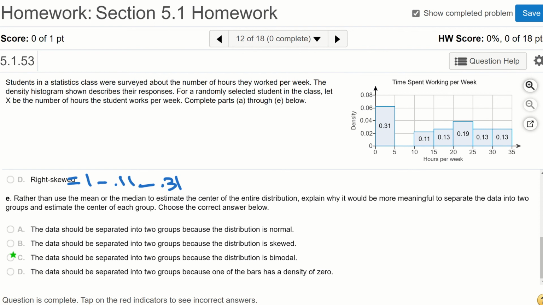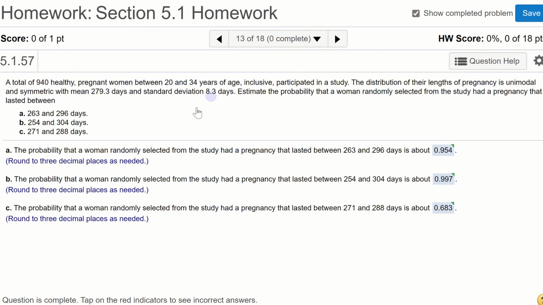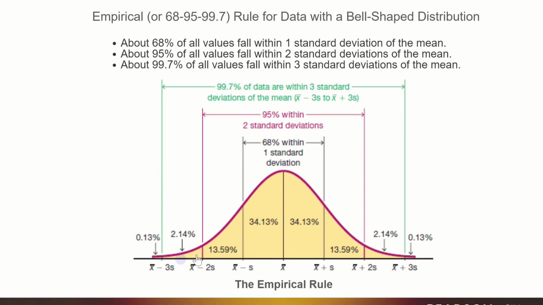Okay, so that's that. All right, so here's one of those where you need to recall the empirical rule which we discussed in chapter 4. Let me remind you of that rule. Remember that if you have a unimodal distribution that's also symmetric, and you have the mean right there in the center, of course, with such distributions, the mean, median, and mode are all the same value. Then if you go one standard deviation to the right or left, in other words, within one standard deviation of the mean, you capture 68% of the observations.